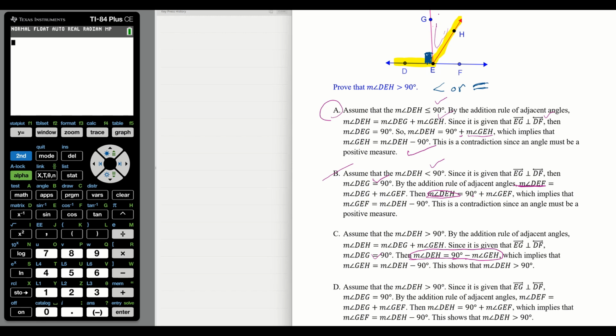If we have DEH and it equals 90 degrees minus, okay, it does equal that. My problem is, where's the rest? It's missing a big chunk.